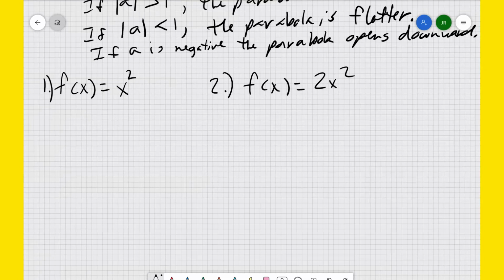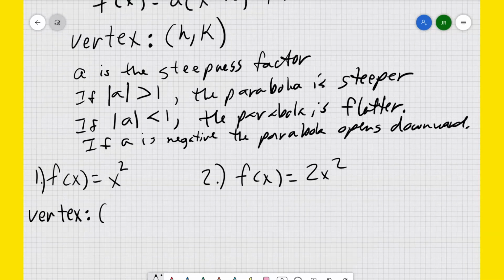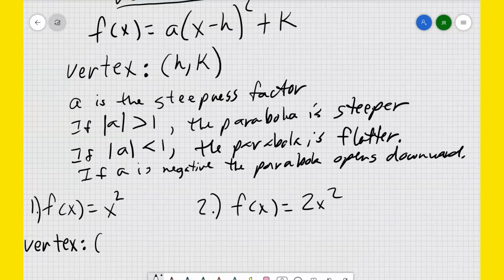What I want you to do is identify the vertex first. What is the vertex here? There is nothing added to the x inside of the parentheses. Therefore, the x-coordinate of the vertex, the h from this formula up here, there is no h.